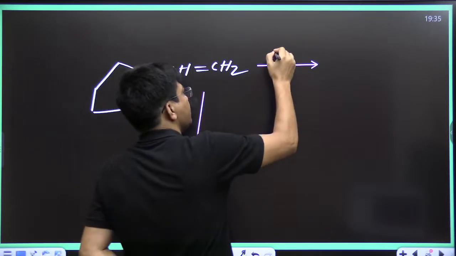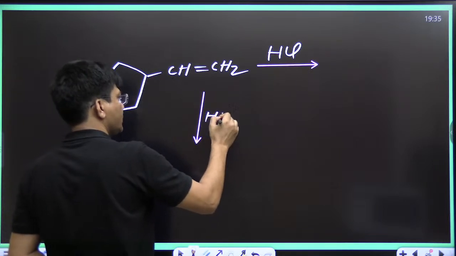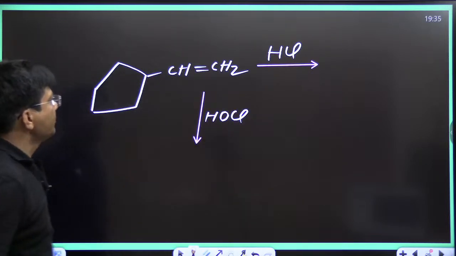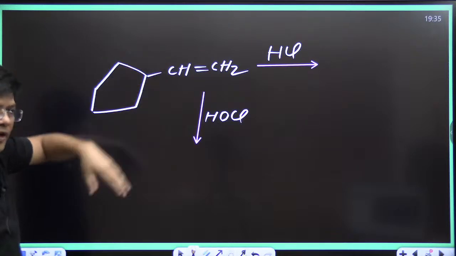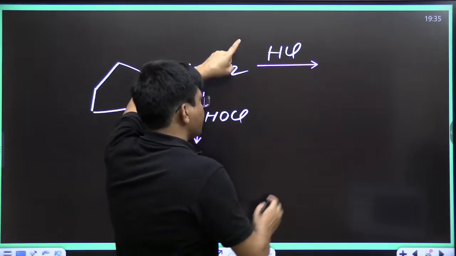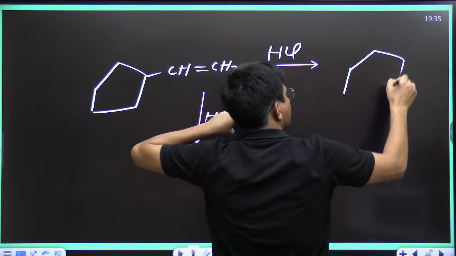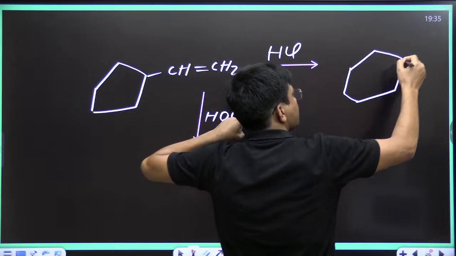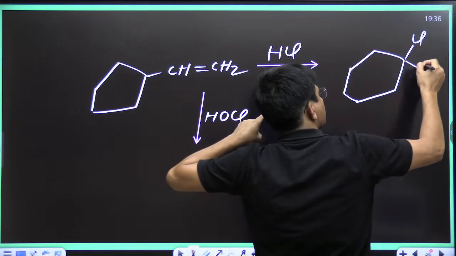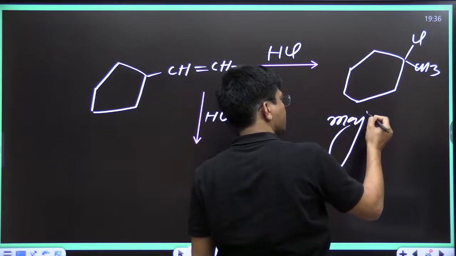If the reagent is given like HCl, if the reagent is given like HOCl, what do you think? If somebody is going to ask about the major product, what do you think? This is a rearrangement case, and in this, the major product will be this, Cl, CH3. This is going to be the major product, my dear friends.